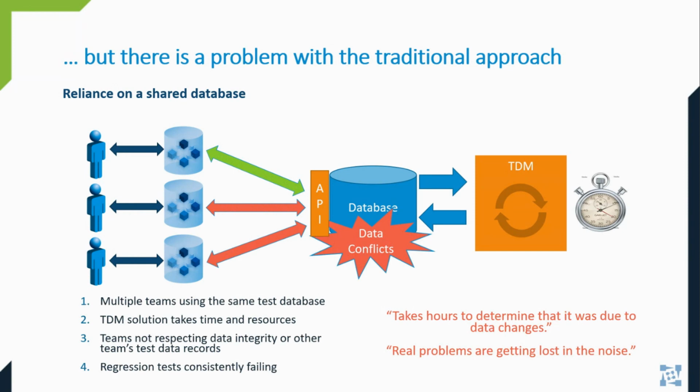So, to summarize everything, right? Shared test environments, TDM solutions that are heavyweight, teams not respecting data integrity, those are all contributing factors to cost in terms of project overrun, just based on acquiring the right test data. This can result in defects, obviously.